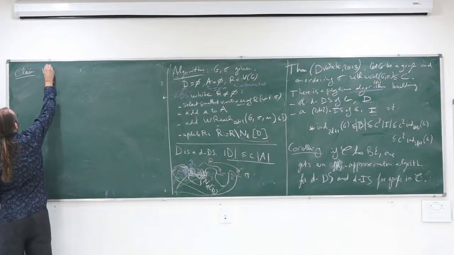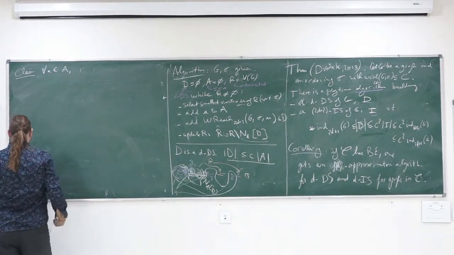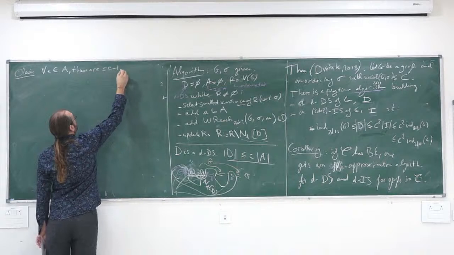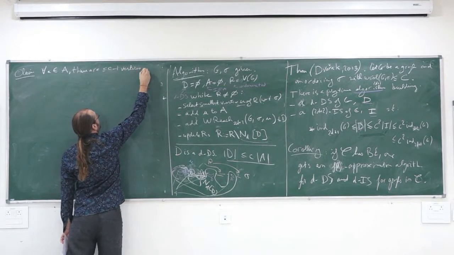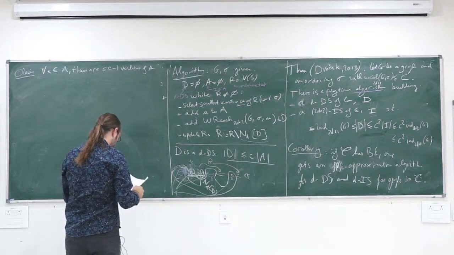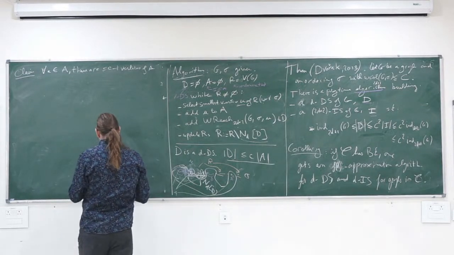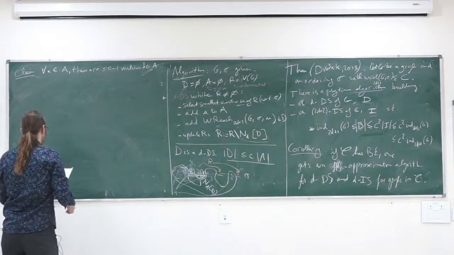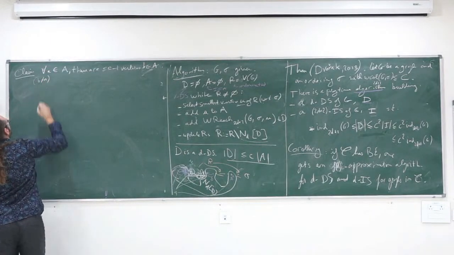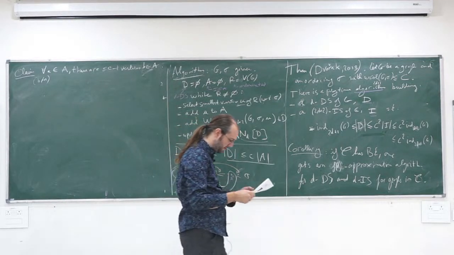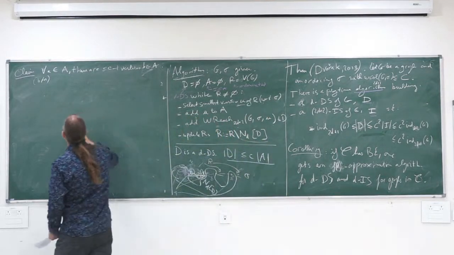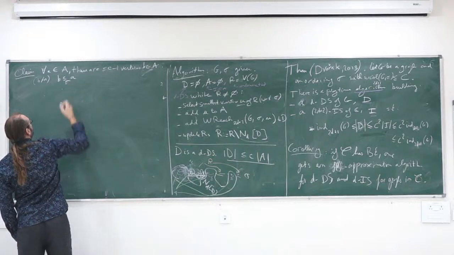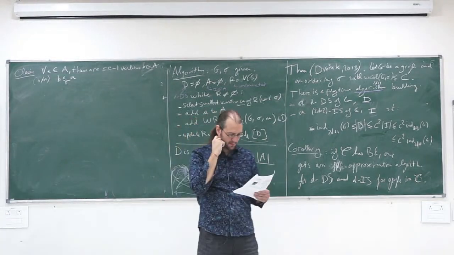So the claim is, for every vertex of A, there are at most C minus 1 other vertices B of A such that B is smaller than A in the sigma ordering, and they are close.